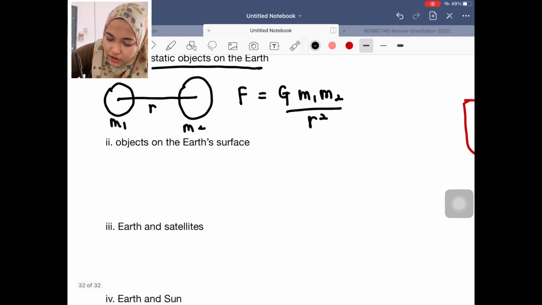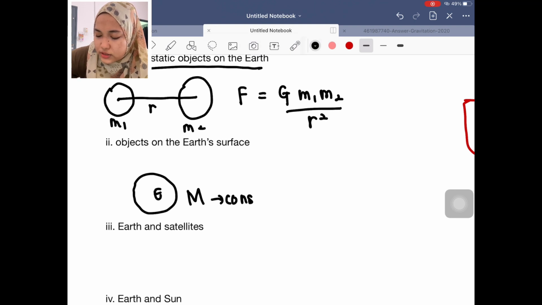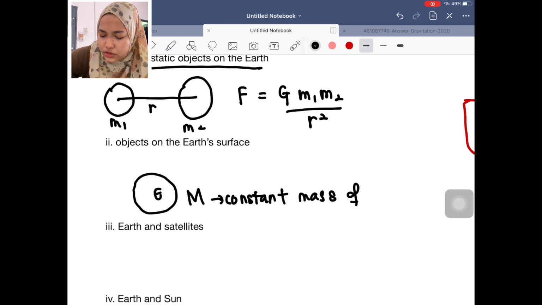When we have the earth, the value is constant, it's not changing. When the value is constant, it becomes capital M, so we write it as the constant mass of the earth.